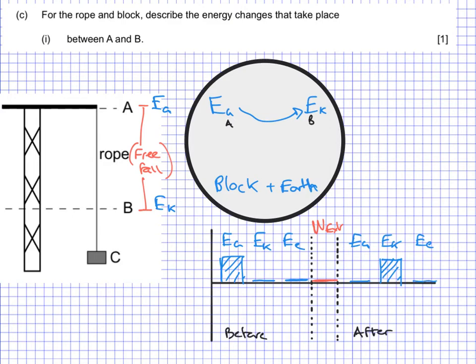So this is a nice easy energy flow diagram. Just to recap, we've shown that there's an energy change from gravitational at position A to kinetic at position B, all within a system. So there's no work done externally, in or out, because we've included Earth in our system. And all of that gravitational energy is being converted to kinetic energy.